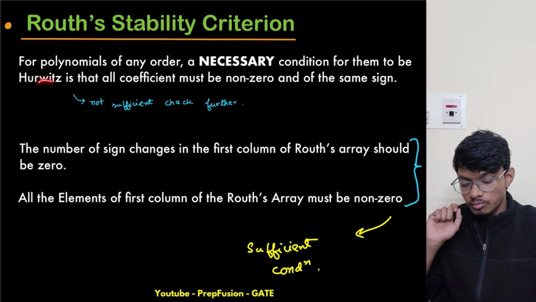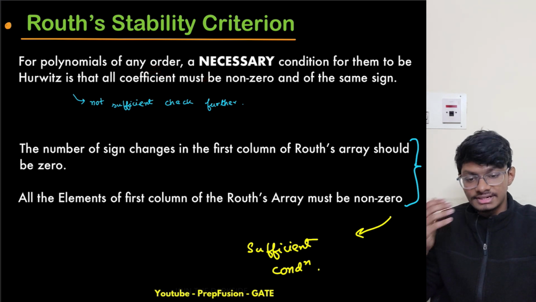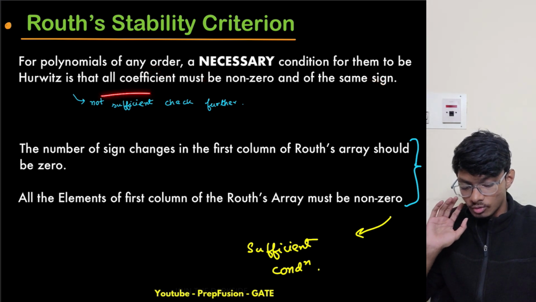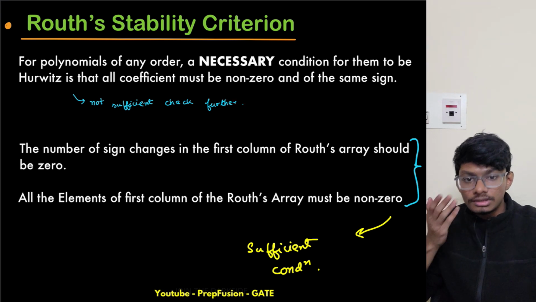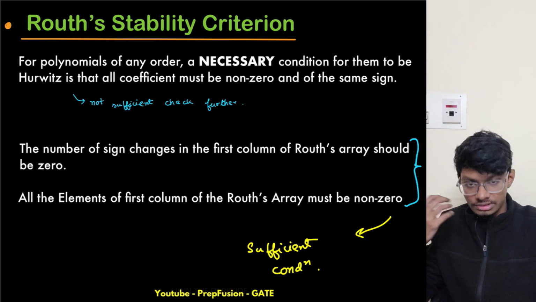What happens for polynomials of any order? A necessary condition for them to be Hurwitz is that all coefficients must be non-zero and of same sign. That is what my computation is telling.